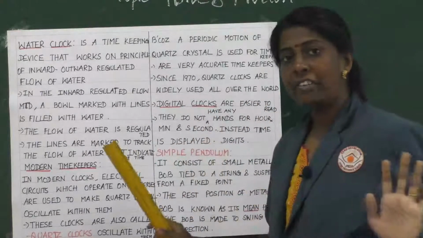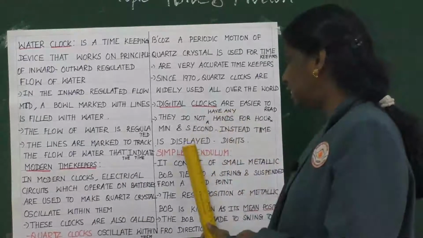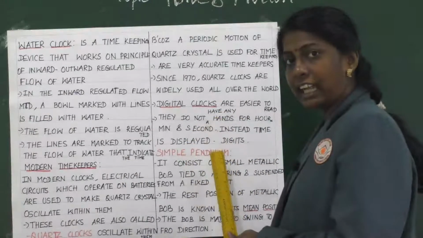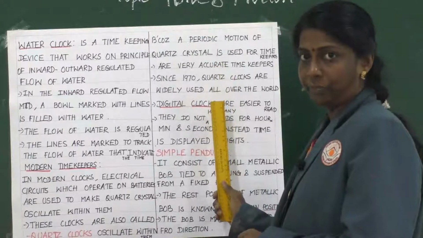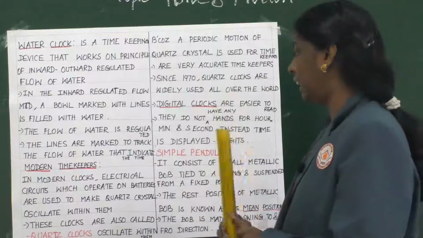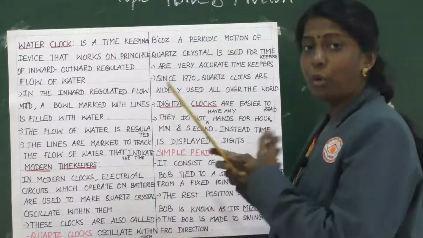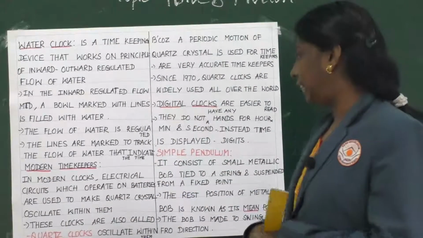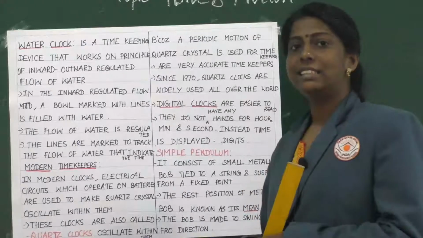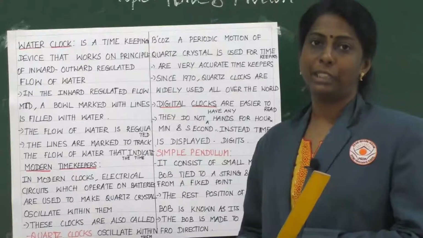Instead, time is displayed in digits like 9:50. So these are the things which they are using in modern days to find out the time. Clear, children? Yes. Now let us learn about the next instrument, that is the simple pendulum.